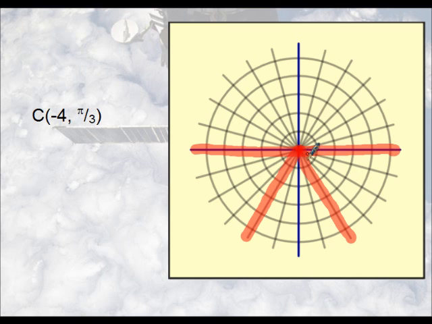So -4 is in the negative direction, 1, 2, 3, 4, and then we cycle positive pi over 3 radians. Remember that positive is counterclockwise. So don't think of it as up or down. Think of it as clockwise or counterclockwise. So essentially, it's going to be located right there.